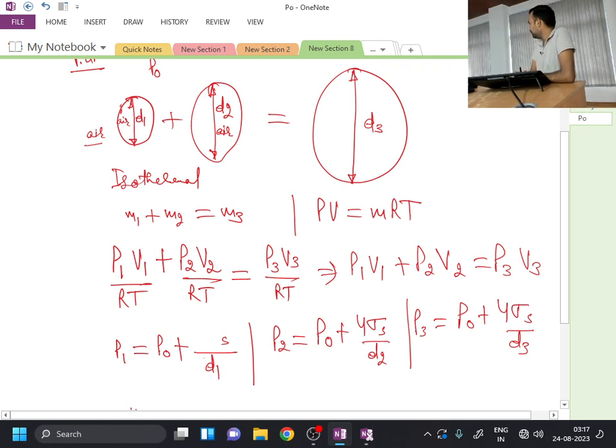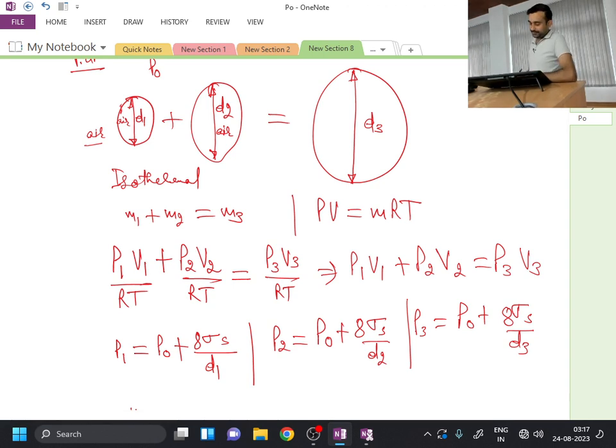Is this one clear? Please check your relation from the previous lecture. If for a soap bubble it is 8, then it should be 8 over here.